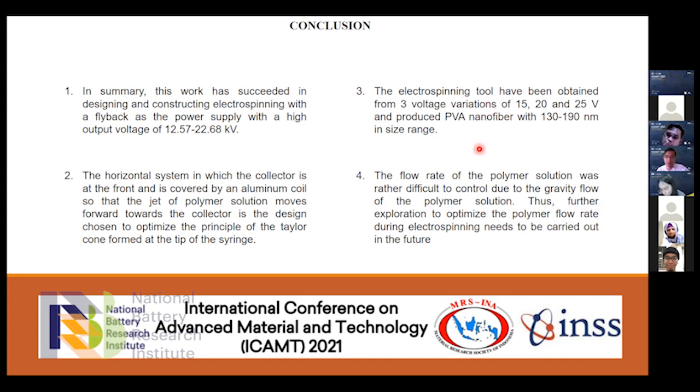So maybe in the next research, the electrospinning can be made with a vertical orientation design. So further exploration to optimize the polymer flow rate during electrospinning needs to be carried out.